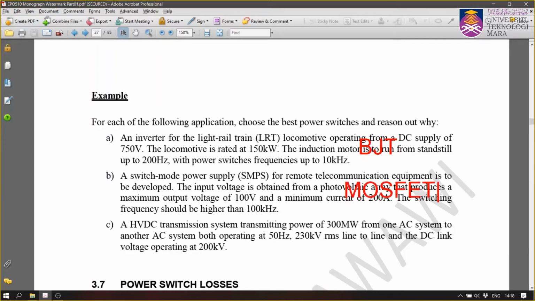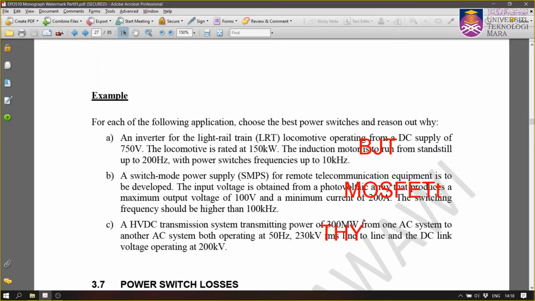The last is an HVDC transmission system, transmitting power of 300 megawatt, system link, voltage operating. So you can use the thyristor or GTO. Okay, so this you can use the thyristor.